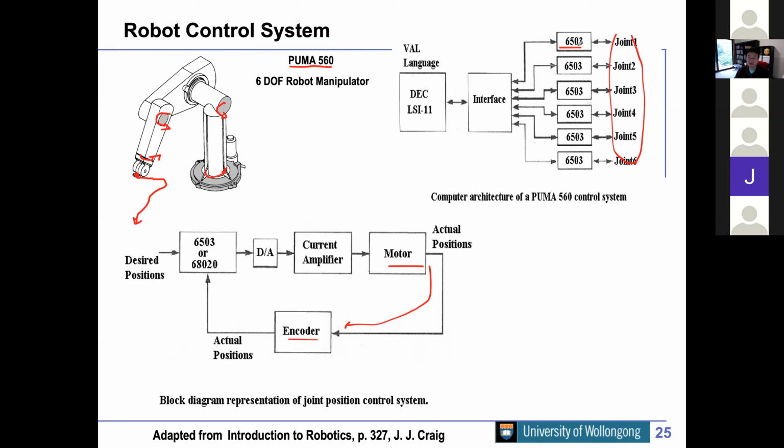Based on the difference, it keeps going until it reaches the desired position. So in this case, we have 6 controllers controlling each of the joints and trying to synchronize the movement to achieve a certain robot position.